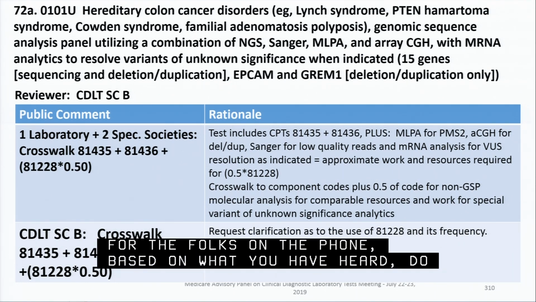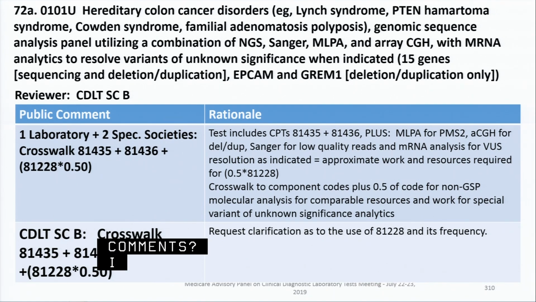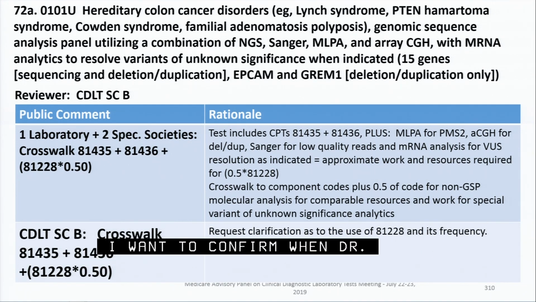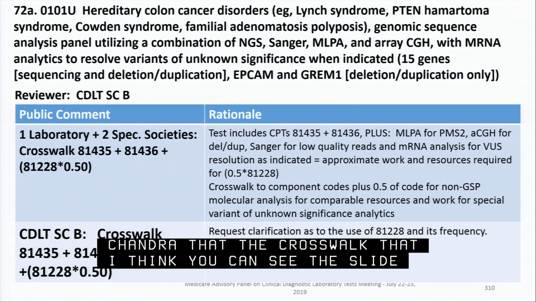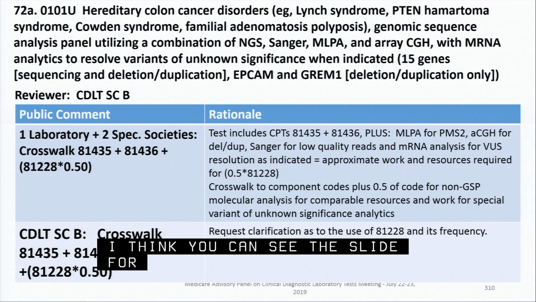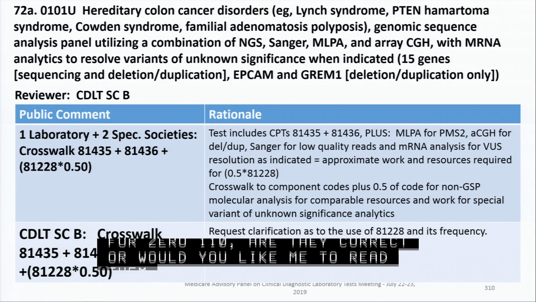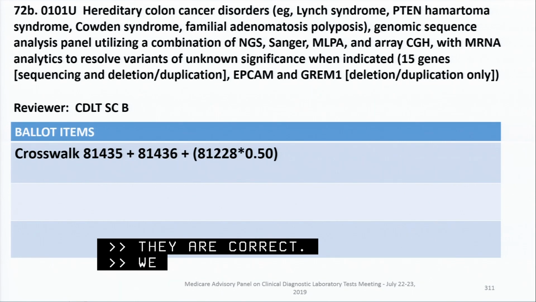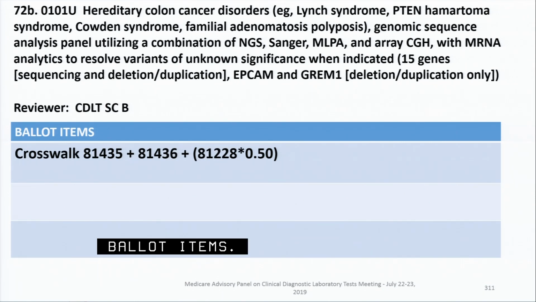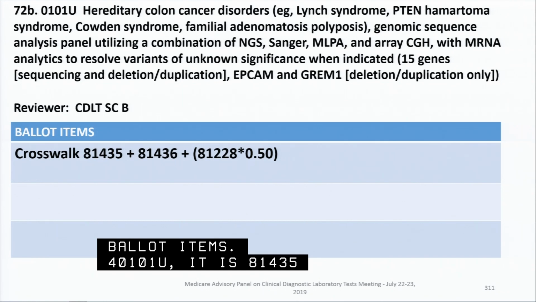So I want to confirm with Dr. Chandra that the crosswalks that I think you can see on the slide for 0101U are correct, or would you like me to read those crosswalks to you? I just need. They are correct. Thank you. Okay, great. So we're going to go on to the ballot items. For 0101U, the crosswalk is 81435 plus 81436 plus 81228 times 0.5, and the other option is gap fill.